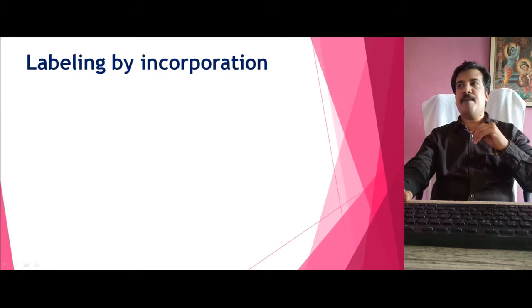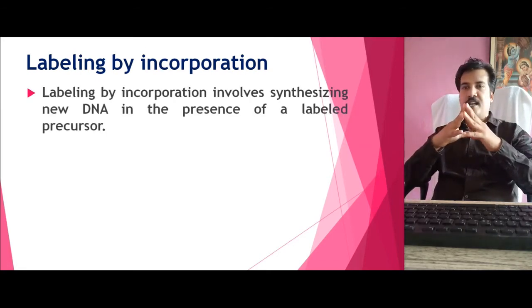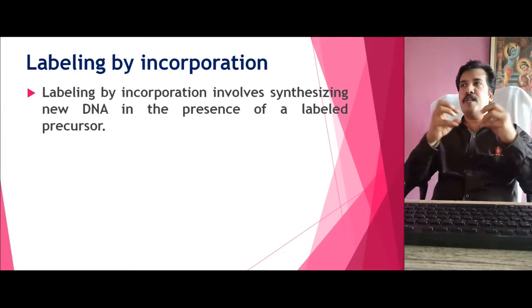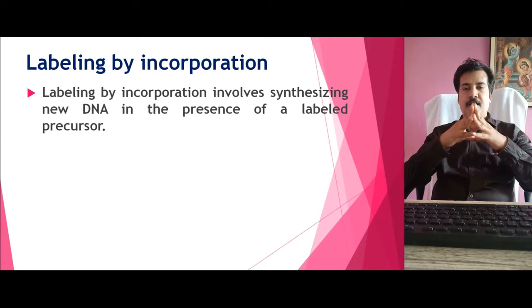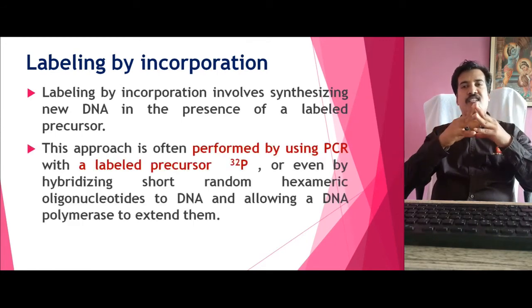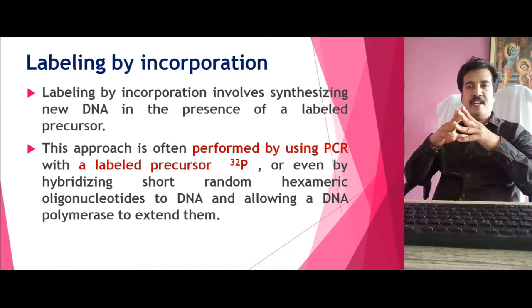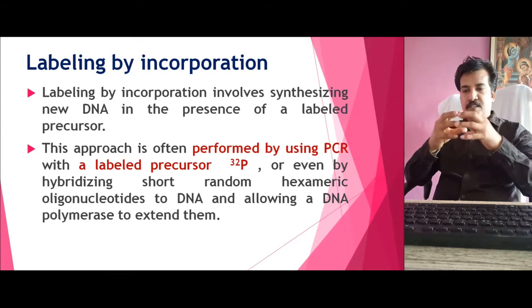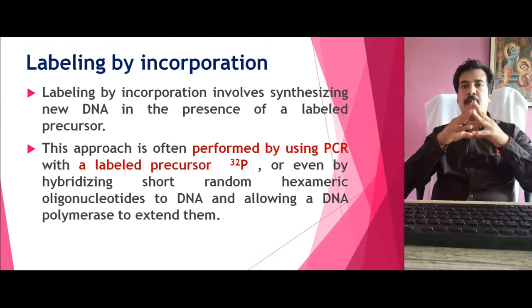And the second is labeling by incorporation. Labeling by incorporation means we have to synthesize a new DNA in the presence of the labeled precursor. So we will first produce different types of radio labeled deoxy NTPs, that is deoxy ATP, TTP or CTP, which are generally radio labeled, and the preferred radio labeling compound is phosphorus 32.